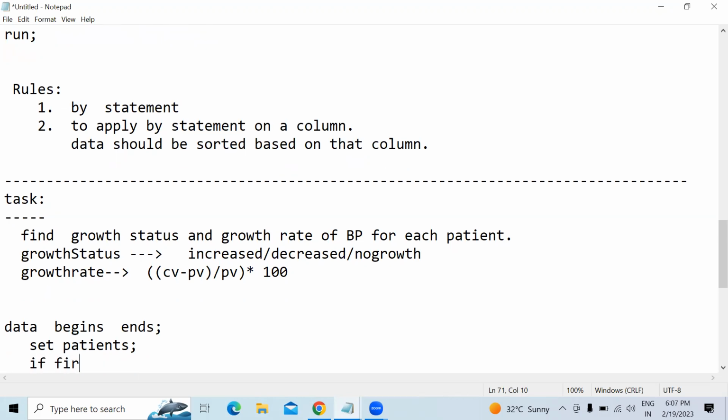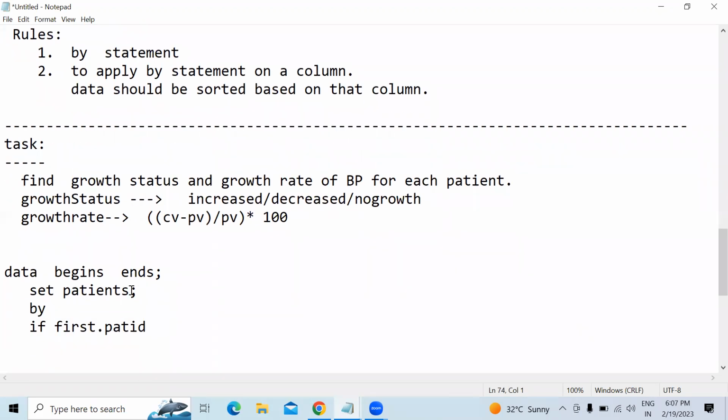Applying the condition: if first dot patient ID. But if I am applying first dot or last dot, you have to apply a by statement. By the column name, patient ID.